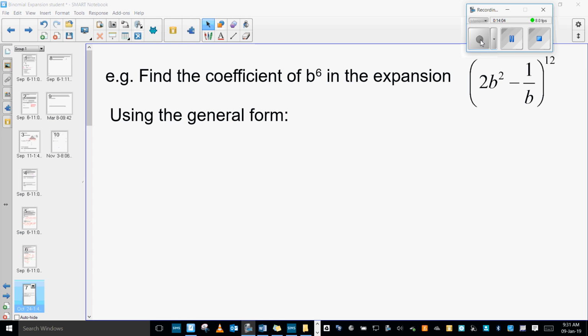Not quite. You're dividing fractions. So this part here will actually be known as b to the negative 1. Yes, you're happy with that? So what I'm going to do first of all is I'm going to rewrite this.